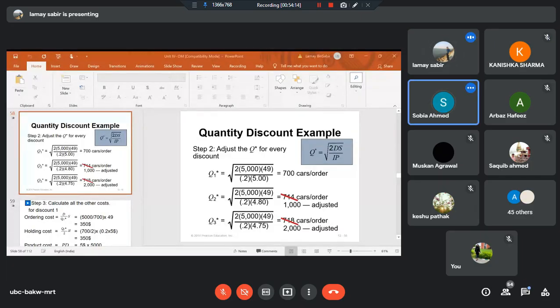Excuse me, sir. Please. Sir, is it possible that instead of 1000, we can write any number which lies between 1000 and 1999? It is possible, but it is not logical. Because suppose you order 1250, I order 1350, somebody else orders 1440. So we will not reach any consensus value.